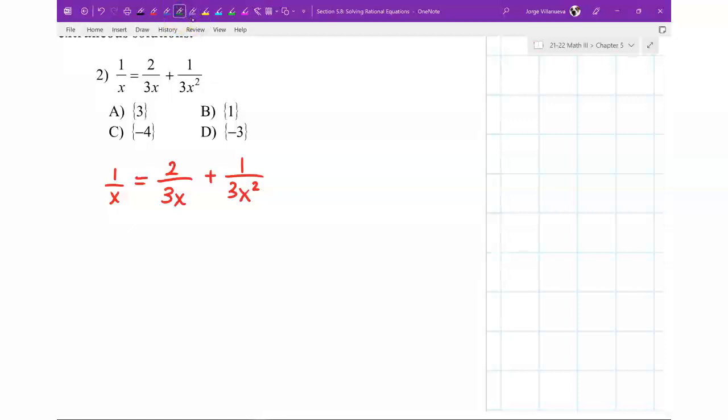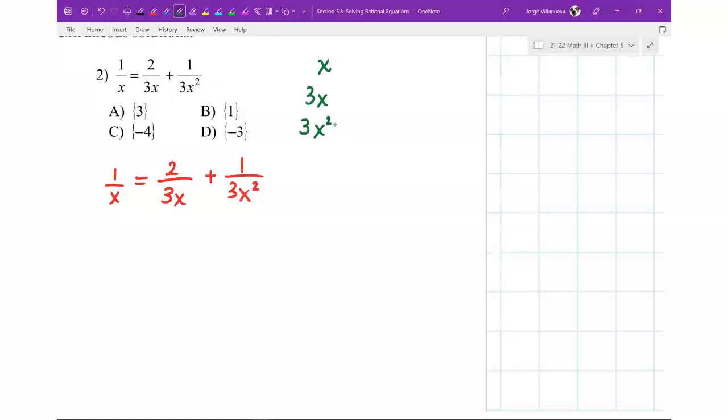For all 3 fractions, I have an x, a 3x, and a 3x squared. What do they all have in common? An x. Do they all have a number in common? No, right? But they all have an x in common.